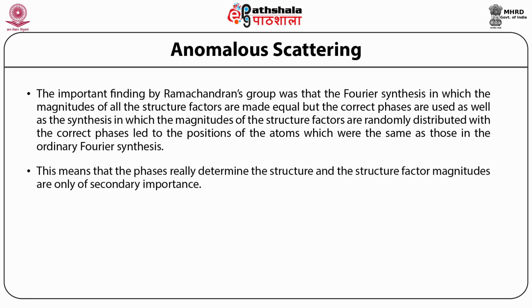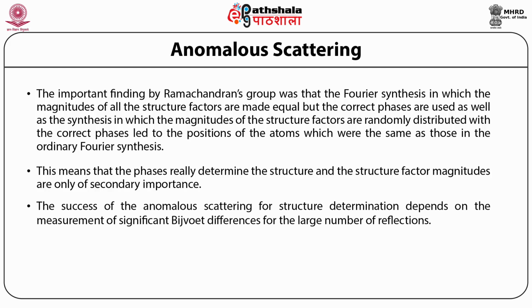This means that the phases really determine the structure, and the structure factor magnitudes are only of secondary importance. But unfortunately, the followers of Professor Ramachandran started working only on the probability distribution of the structure factor amplitudes and not heavily on the phases.